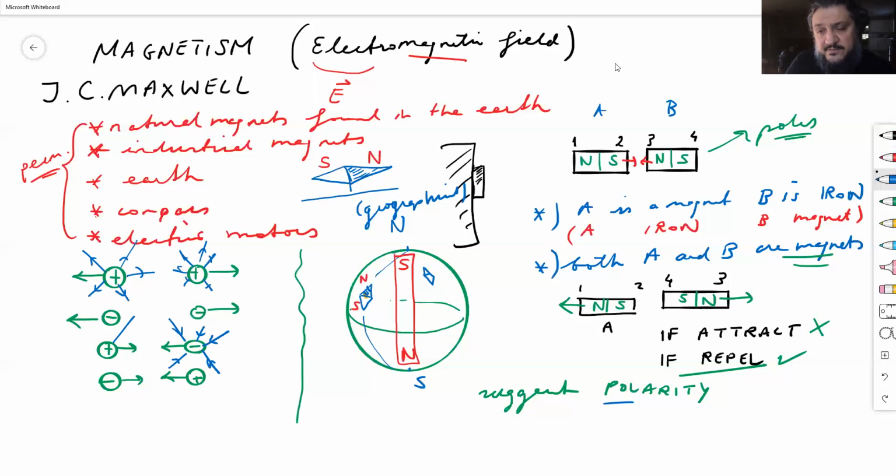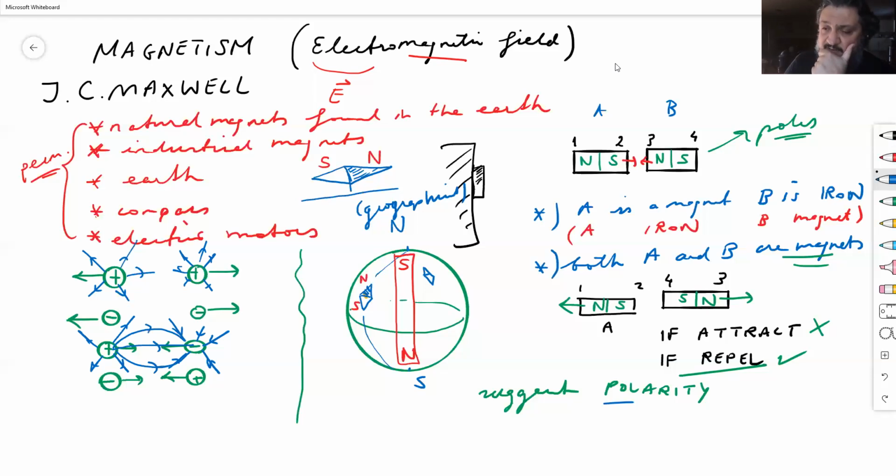So positive out, negative in. This means in between the two charges, we would have an electric field from the positive to the negative. That's the direction of the electric field. Now note how these electric fields start from one point and end up at another point, okay?